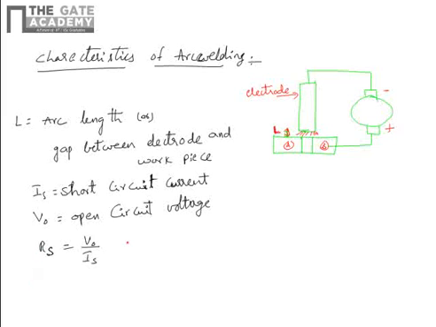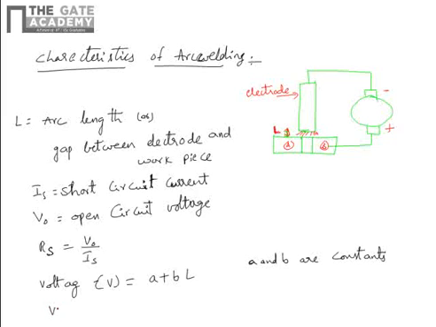We assume a linear relation: the arc length, the gap, is linearly related to the voltage at the arc. So voltage E equals A plus BL, where A and B are constants.